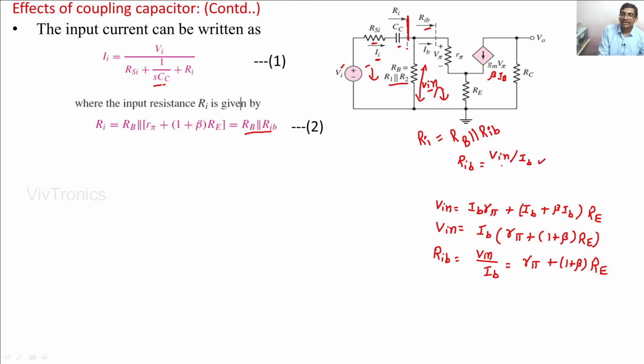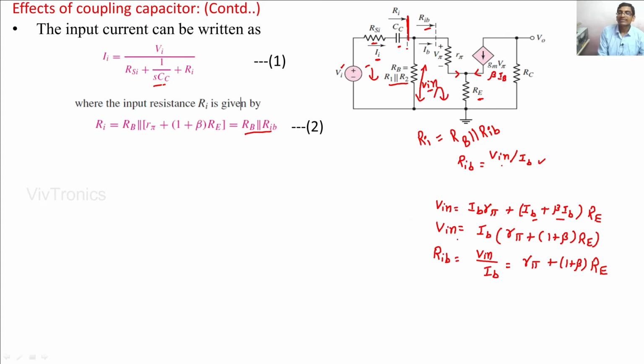When we apply the KVL in this loop, the Vin is the voltage across the resistance R pi, that is equal to the voltage drop in the R pi resistance, which is IB into R pi, plus the voltage drop in the RE resistor. Here we are getting two currents. One is the base current IB and another one is the gm V pi current, which is also called beta times of IB current. Therefore, IB plus beta times of IB into RE resistance.